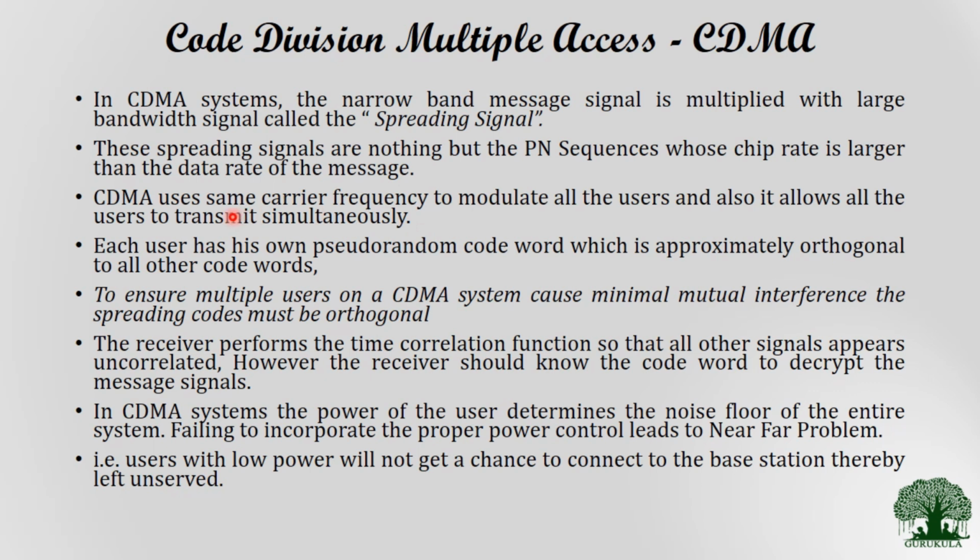It is important to note that CDMA uses the same carrier frequency to modulate all the users. This point will be stressed again when we discuss the topic OFDMA, where the difference will come from using the same carrier frequency versus different carrier frequencies. As of now, just note down that CDMA uses the same carrier frequency to modulate all the users.